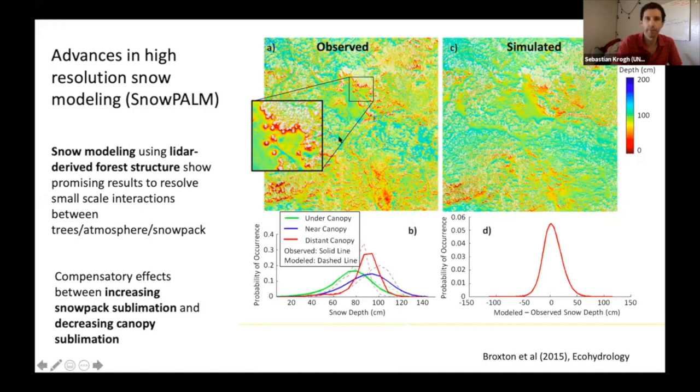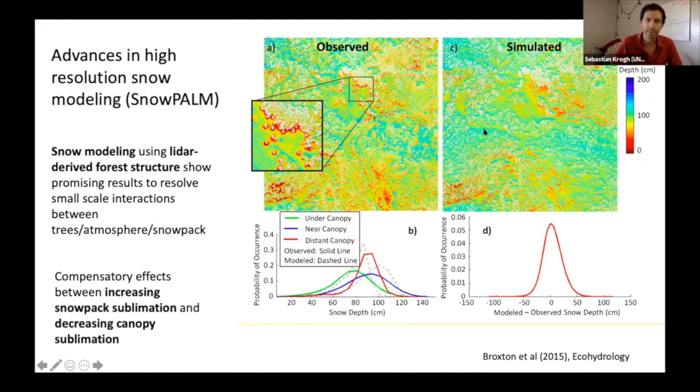So on the left, you have the observed snow depth from lidar as well, and you can see these forest edge features that you can see from the lidar, and how that changes across the domain. And then the model does a reasonably good job capturing those, for example, forest edge features, as well as those in the open.